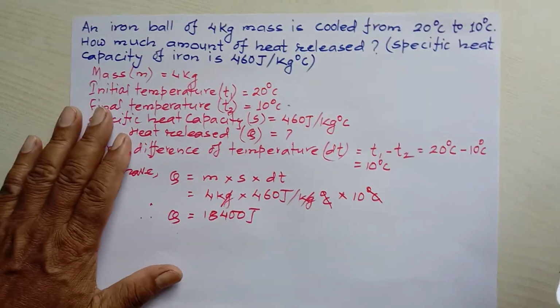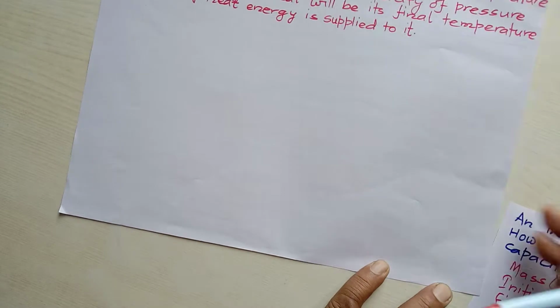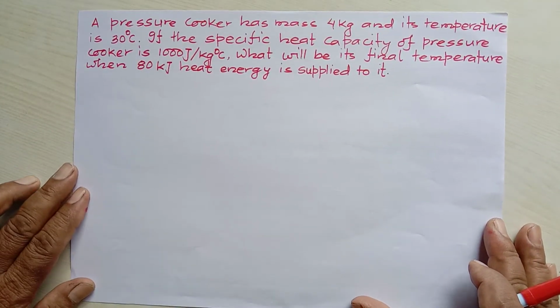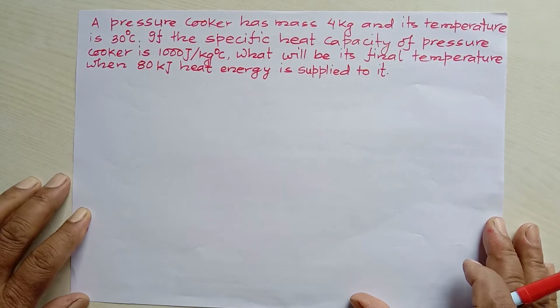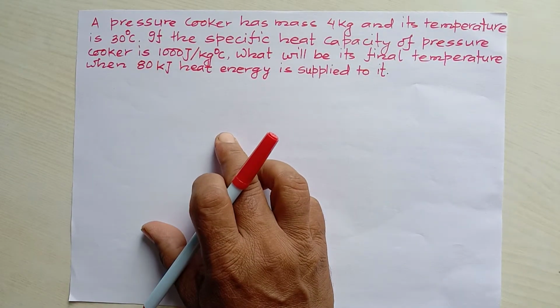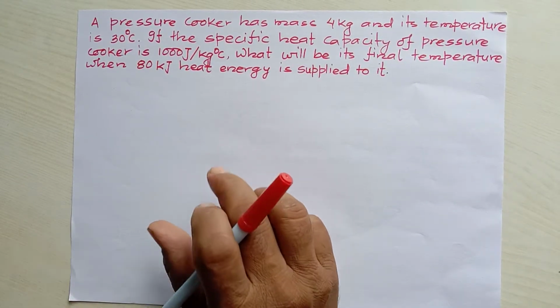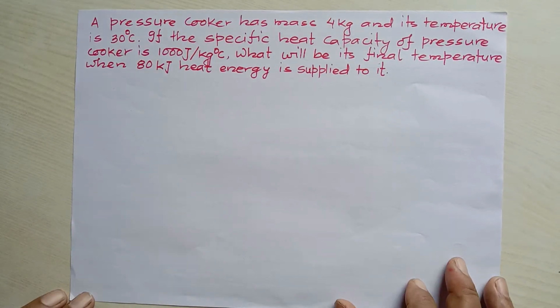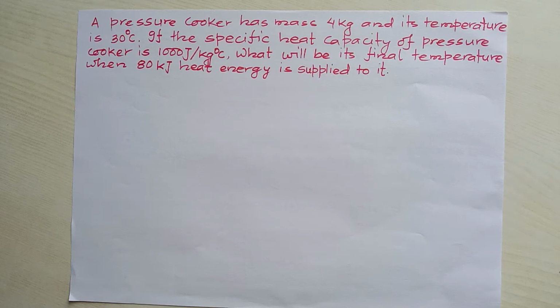Let's take another numerical, a similar numerical but not the same. Look at this. A pressure cooker has mass 4 kilogram and its temperature is 30 degrees Celsius. If the specific heat capacity of the pressure cooker is 1000 joule per kg degree Celsius, what will be its final temperature when 80 kilojoule heat energy is supplied to it?